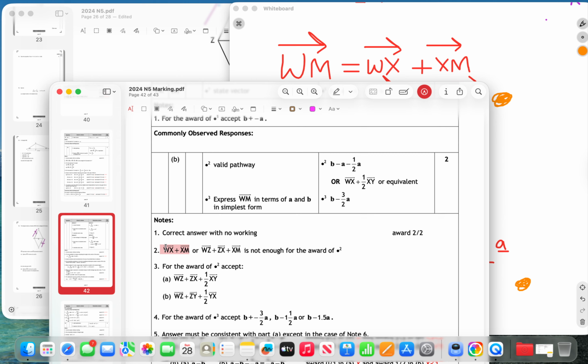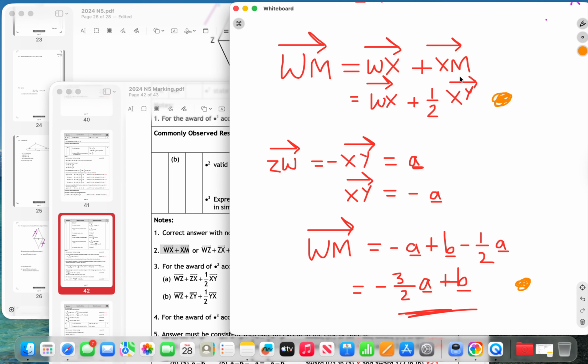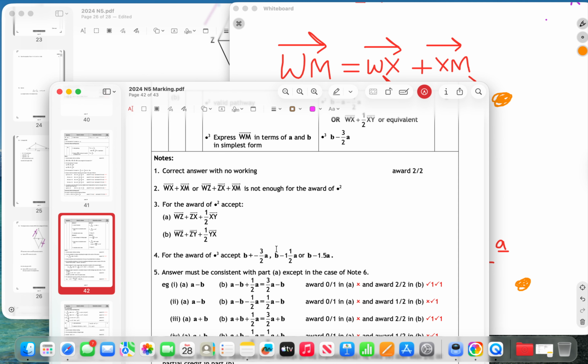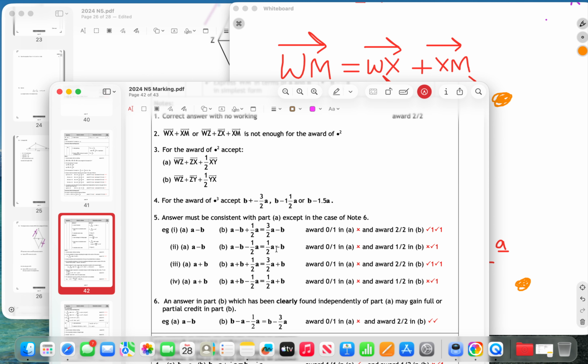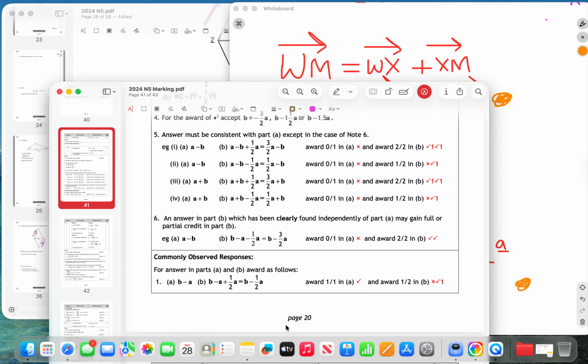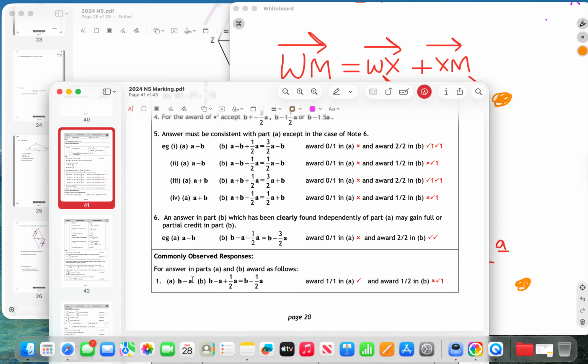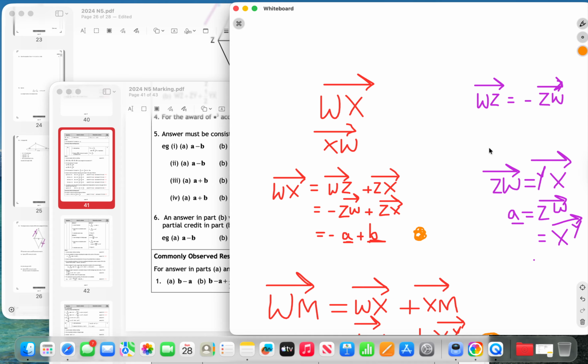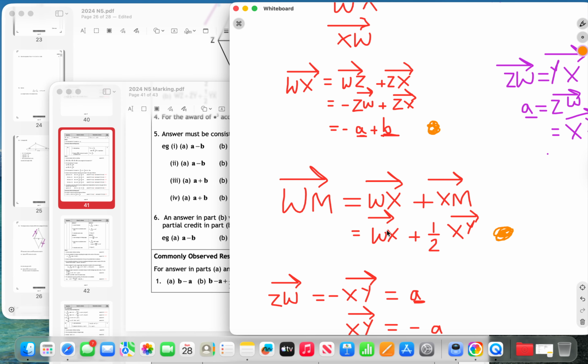And to get the first mark in section B, they call it mark 2, but it's the first mark in section B. Getting WX plus XM on its own wasn't enough. You had to actually show that XM is half of the magnitude of XY. So we have some commonly observed responses.